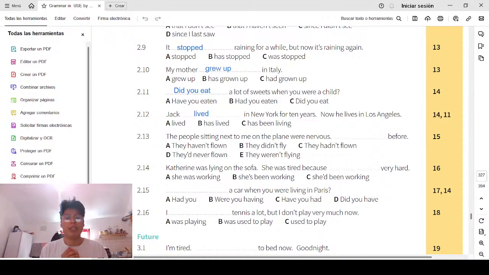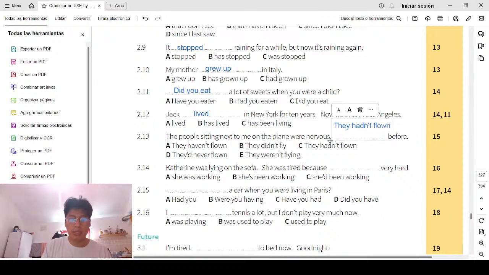People sitting next to me on the plane were nervous. Out there, there are a lot of options. I'm going to put the correct answer. So the correct answer is they hadn't flown.